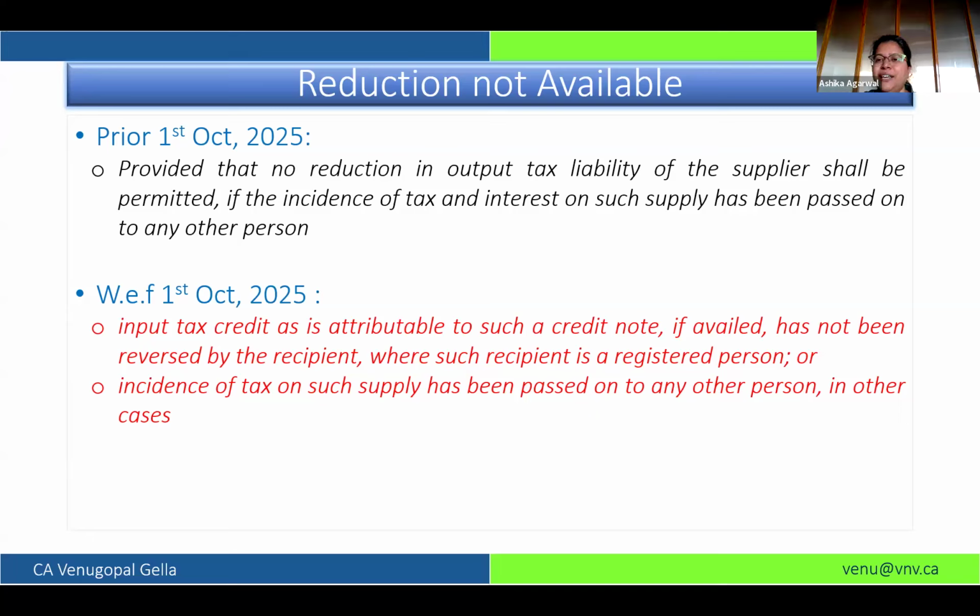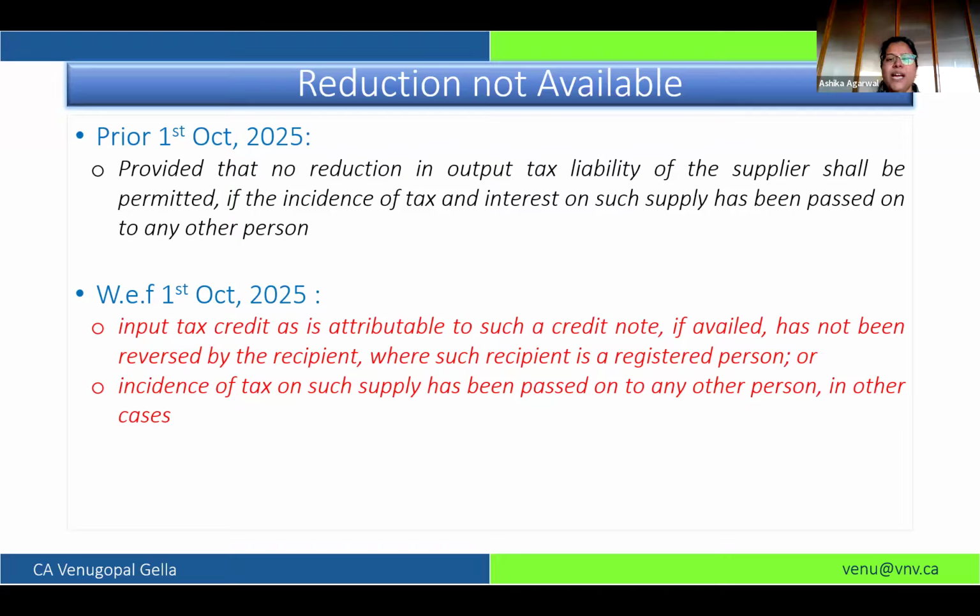Even if the recipient has claimed the ITC, he will get a notice based on the 2B versus 3B difference. So it's not the case that only the supplier is getting penalized. Even the recipient, if the recipient says that my supplier has not claimed deduction of output tax liability, also will not be allowed the ITC.